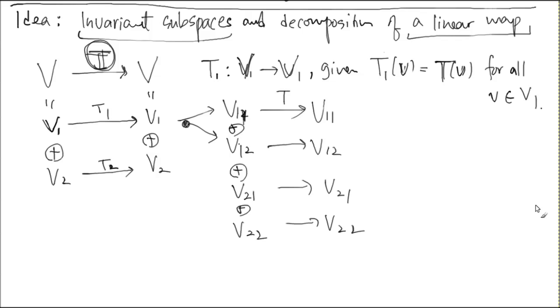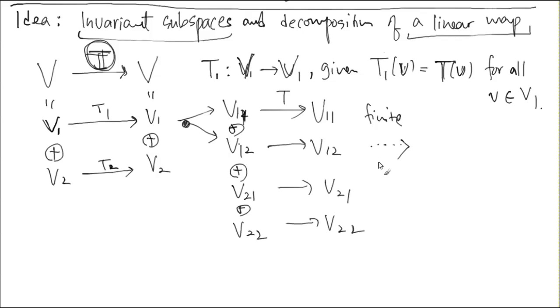Do you know why it stops? A priori, there's no reason for it to stop if it is infinite dimensional. If it is finite dimensional, you go down the dimension one at a time, right? So eventually it has to stop.